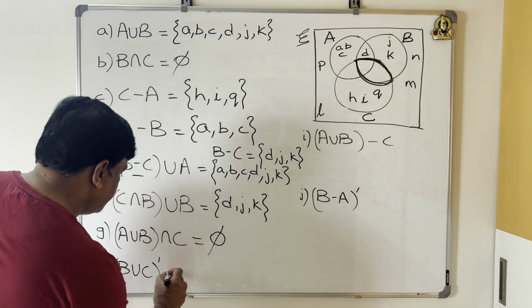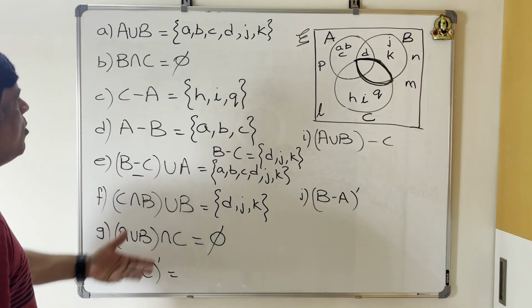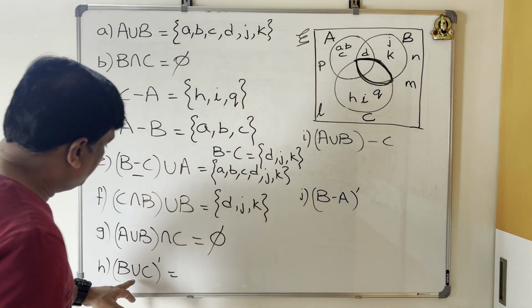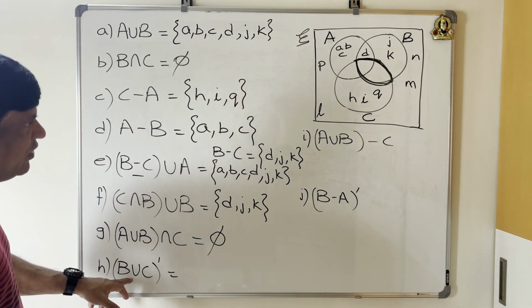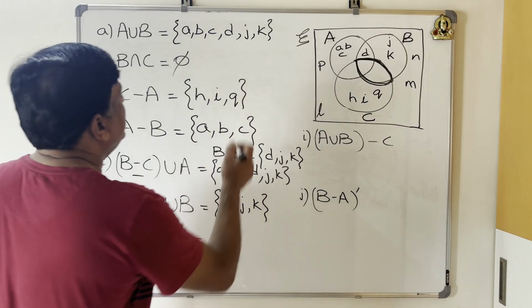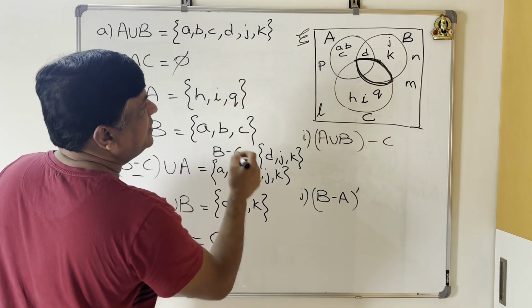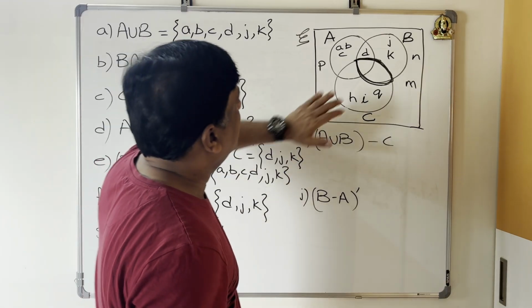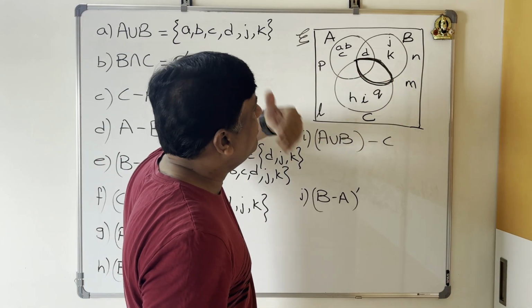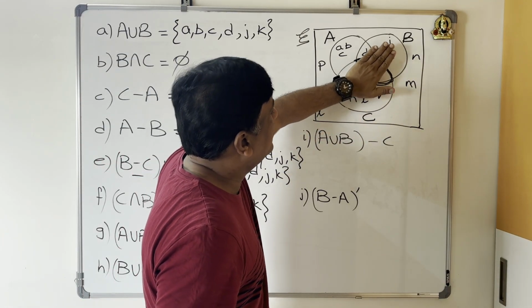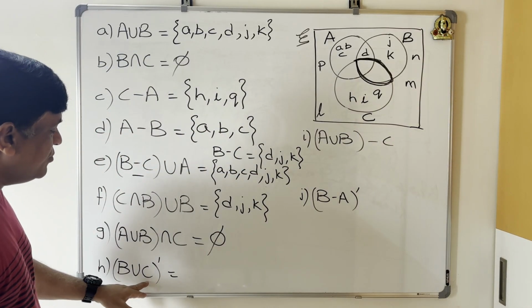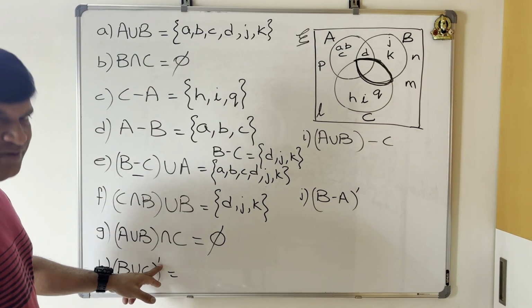Now, B union C complement. For that, you need to go ahead and calculate B union C. Let's calculate B union C. What is B union C? If you look at the figure, even without calculating, I can do it. They are asking us to calculate the complement of B union C, right?